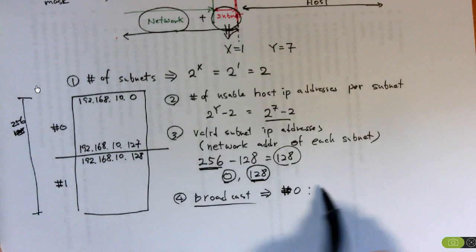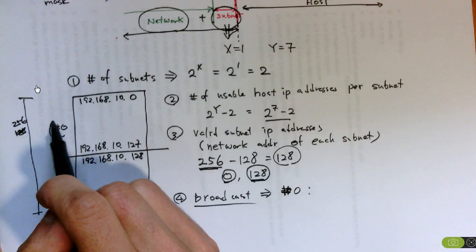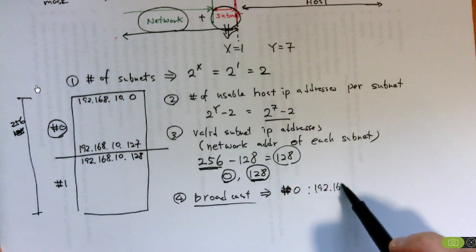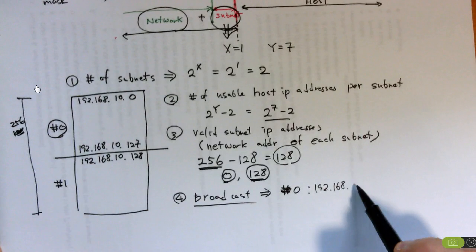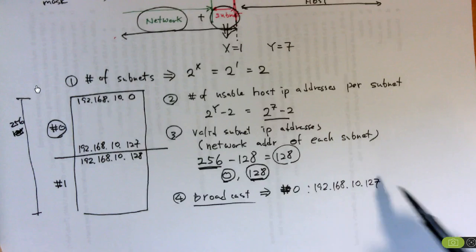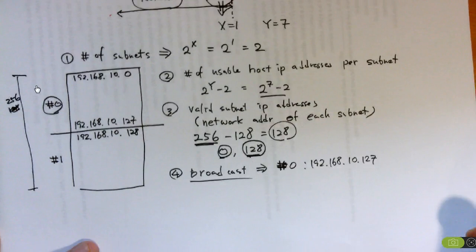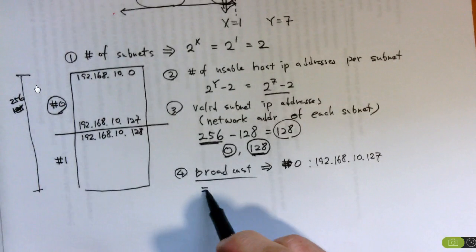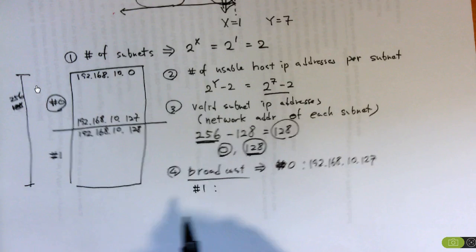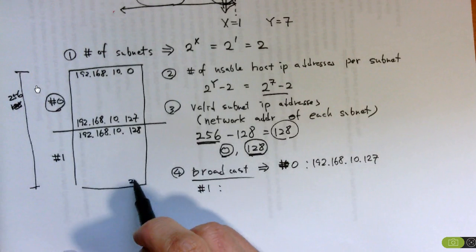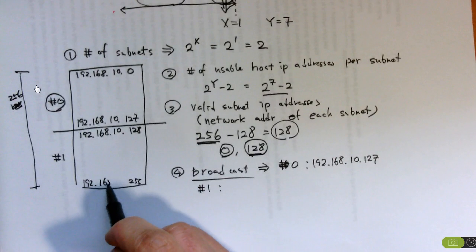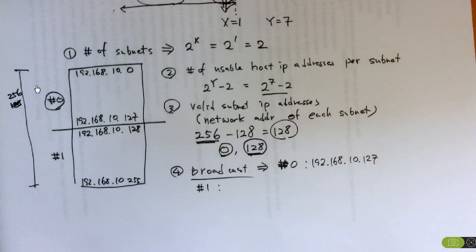So the broadcast address of subnet number 0 is 192.168.10.127. And the broadcast address of subnet number 1 is the last one, which is 192.168.10.255.